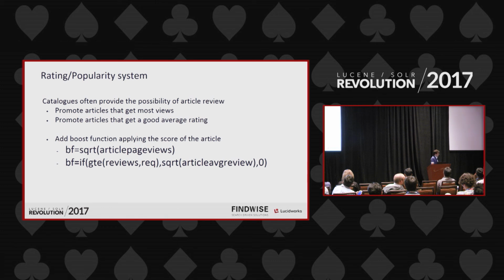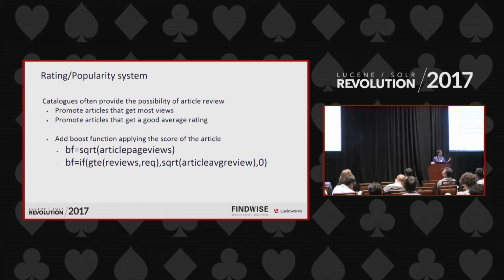Then, if we have any kind of rating or any kind of signals on how many documents have been seen, or any kind of reviews or scores on our information, we can actually use that to affect our results. We are going to take the document's review score, or how many views it got, and use it to make that document more relevant.